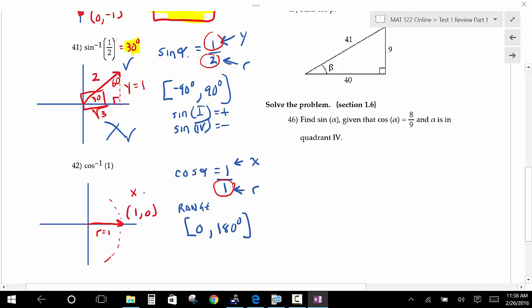So x is 1, y is 0. So what's that angle? That angle has to fall there, so you couldn't say 360 because 360 is out of range. You couldn't say negative 360. That's out of range, but 0 is in range. 0 is cool. So the answer to that problem is 0. Cosine of 0 is equal to 1.